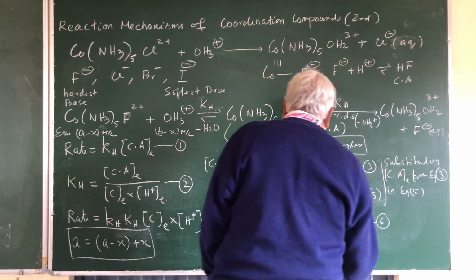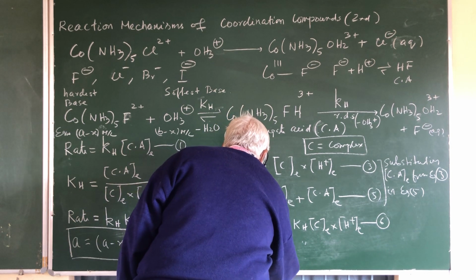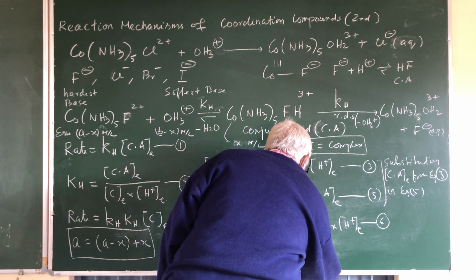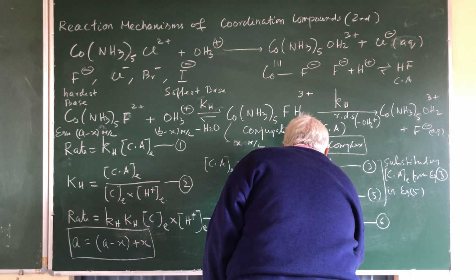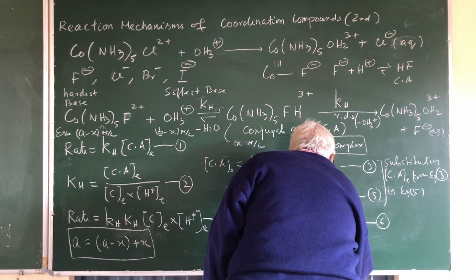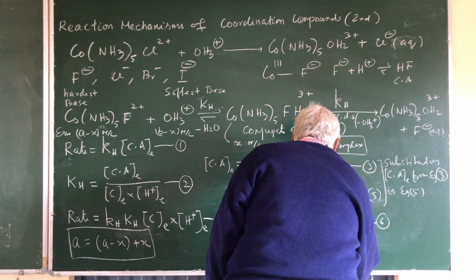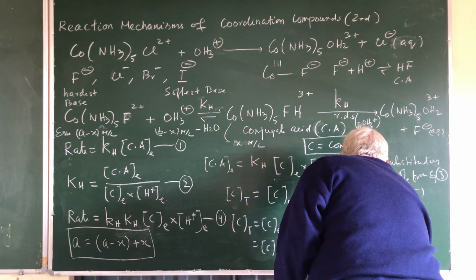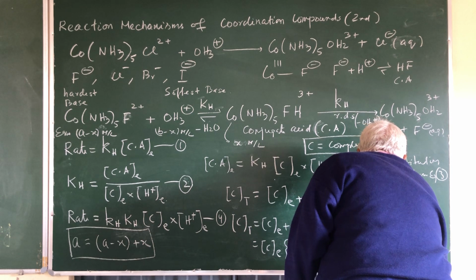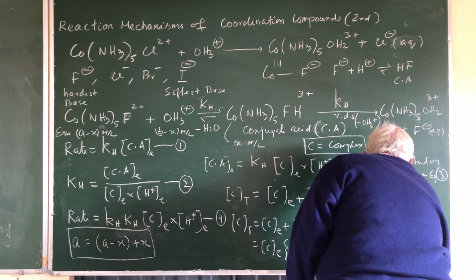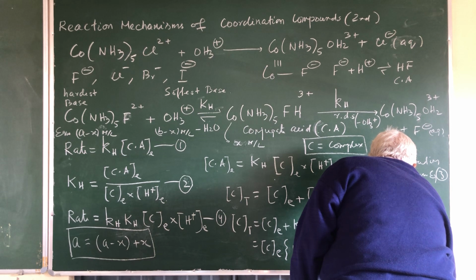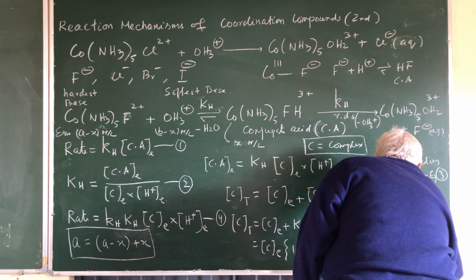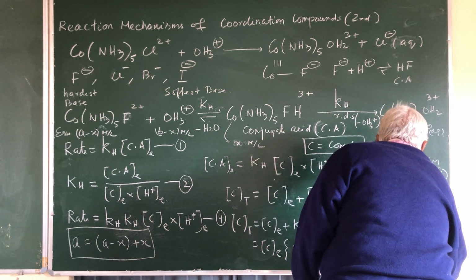This is equation 6. Or complex equilibrium is common: 1 plus KH into hydrogen ion equilibrium. Or complex equilibrium will be equal to complex total by 1 plus KH into hydrogen ion equilibrium. This is equation 7.